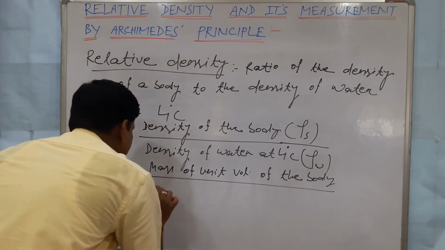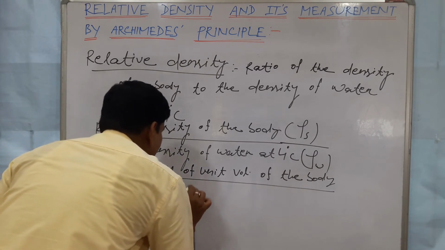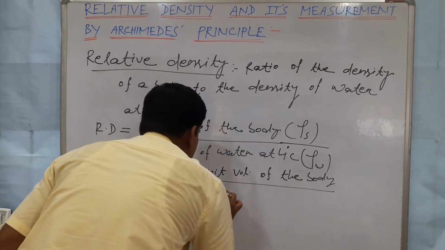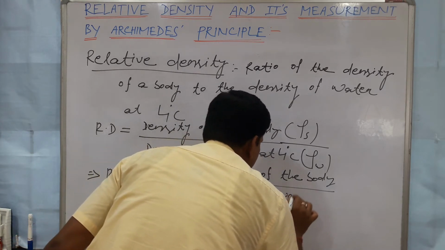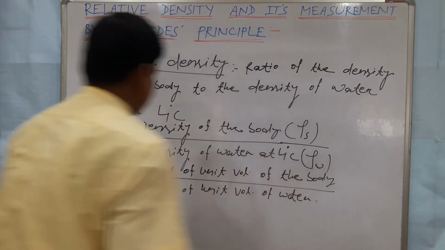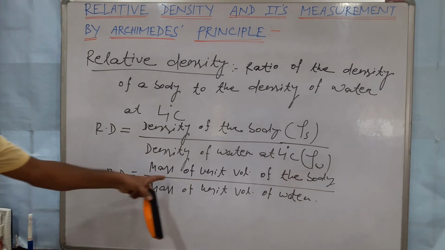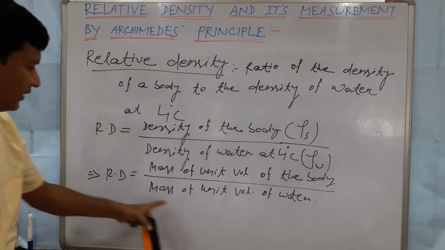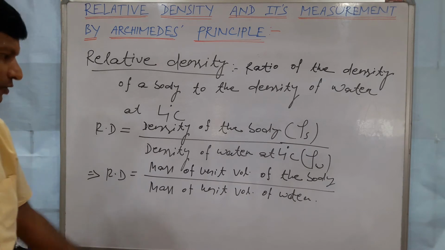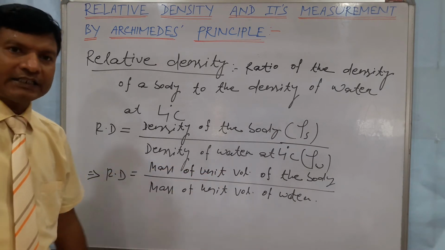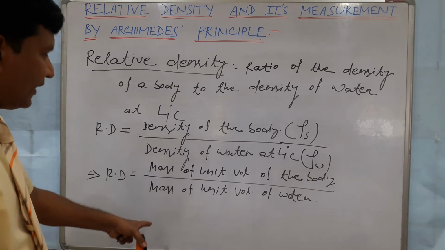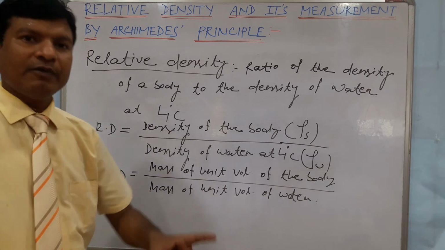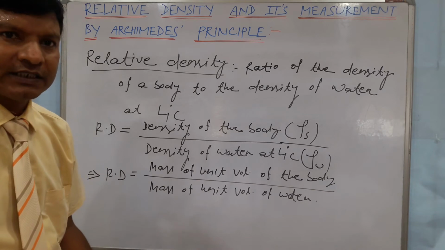Understanding now? Mass of unit volume here, mass of unit volume there, so the volume can be cancelled. Now we can write the mass of the body divided by the mass of an equal volume of water at 4 degrees Celsius.